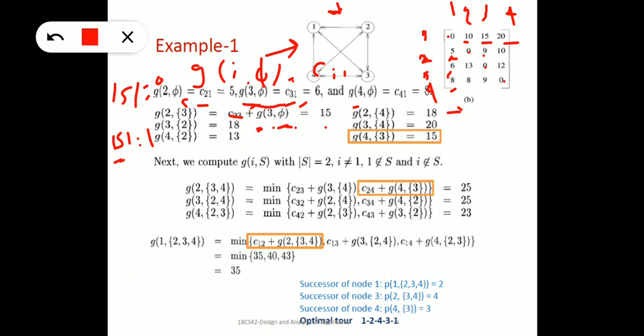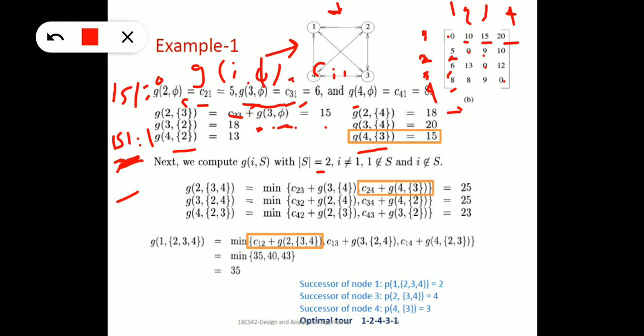So the next time you do it for g of 3, 2, followed by g of 3, 4, then you calculate g of 4, 2, followed by g of 4, 3. So all these fall into a category where set S has exactly one vertex in it. So next what we do is we compute g of i comma S for set S which has two vertices in it.